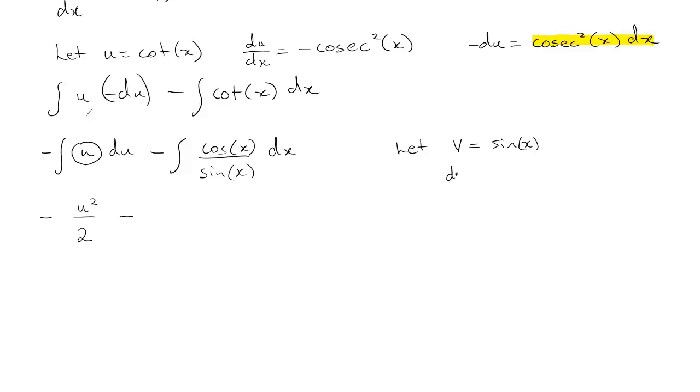So dv over dx equals, no, sine doesn't, it equals cos of x. And then dv equals cos of x dx.